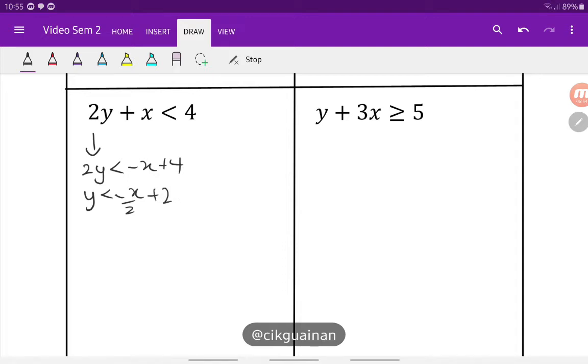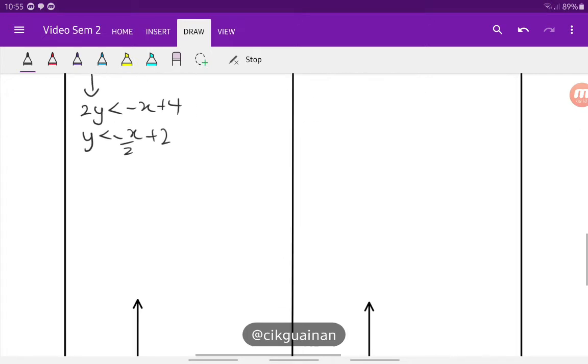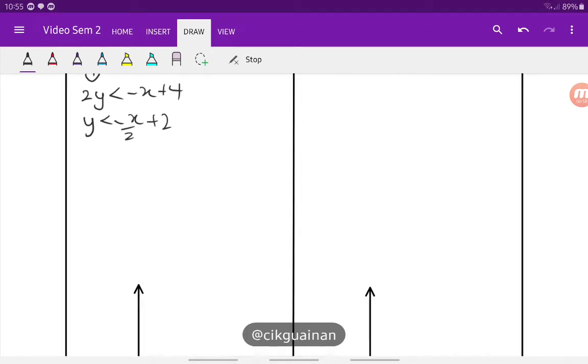Correct, good. Now this one, y less than, so it should be below the line. And what else? Less than is a dash line.